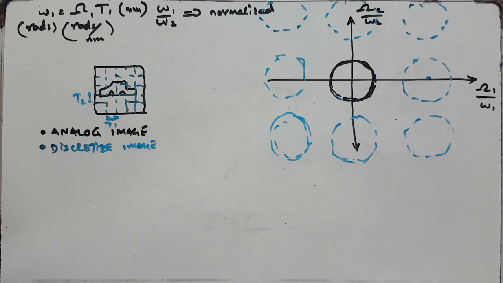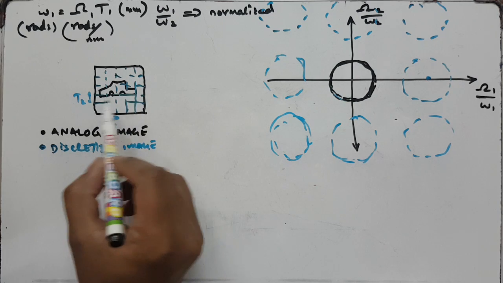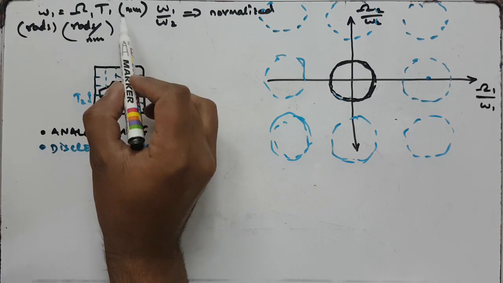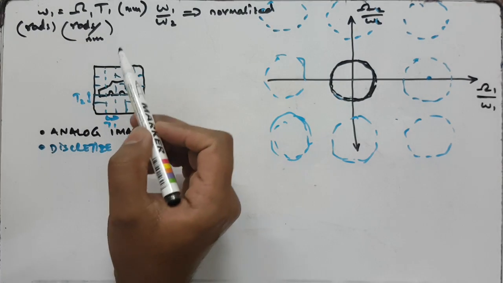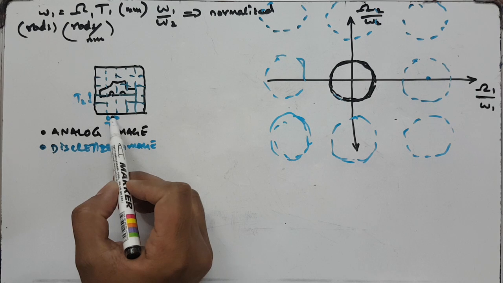And a discrete image is what? It is nothing but an array, and in fact a 2D array of numbers. So we do not know what is the spatial distance between those numbers or between the pixels. So these are all numbers, but they are actually captured from space. So there is some physical distance in space, but right now we only have the discrete image and we have pixels.